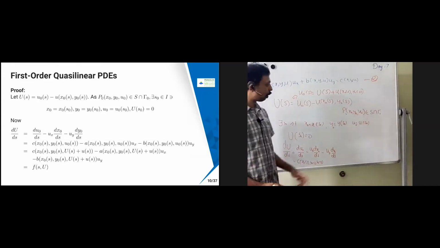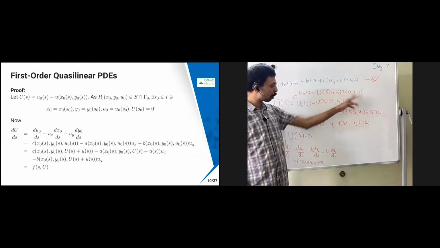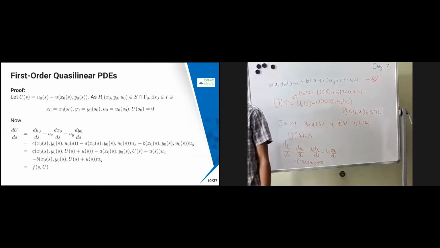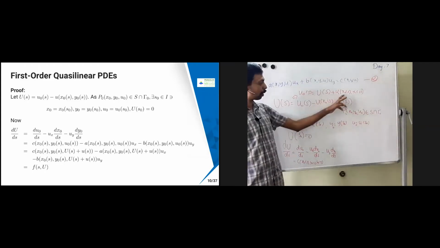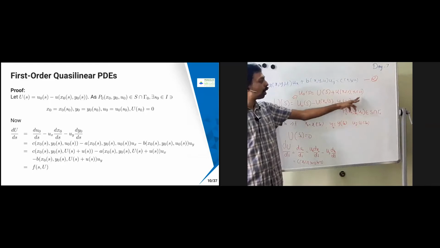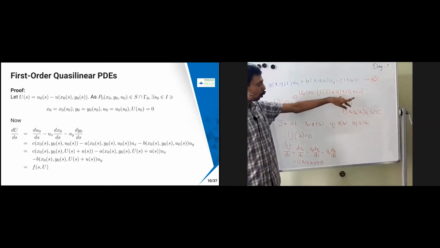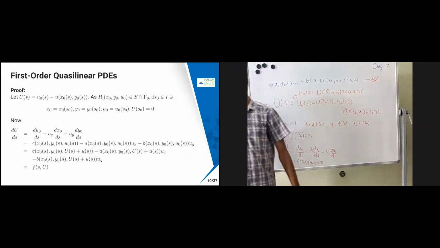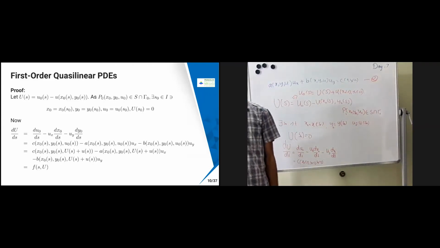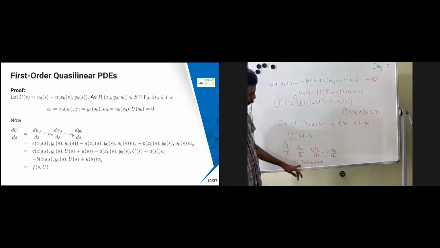That I can write as some u of s. This is going to be a function of s, because x naught is also a function of s, y naught is also a function of s. So I am just writing this as small u of s. Small u of s is nothing but u of x naught of s comma y naught of s. That means this is a function of s.